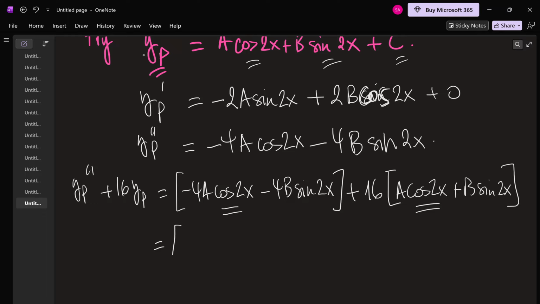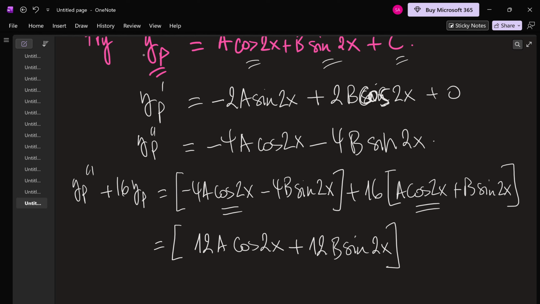So we get minus 4a plus 16a, it would be 12a cosine 2x. Now minus 4b plus 16b, it would be also equal to plus 12b sine 2x.